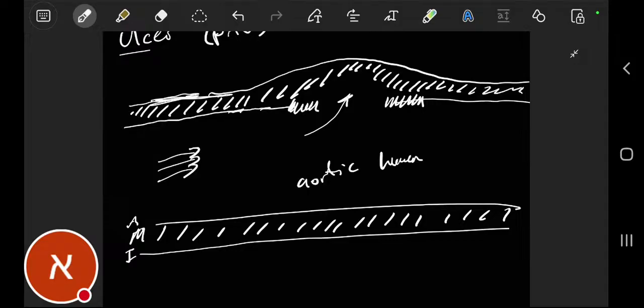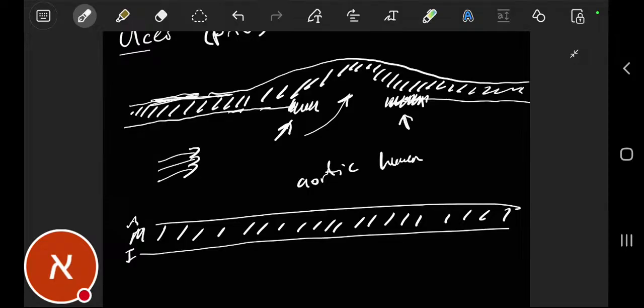Now, let's talk a little bit about the penetrating atherosclerotic ulcer pathogenesis. We have some atherosclerotic plaque. This is the plaque. It penetrates the intima. As you can see, it penetrates from the inner part of the aorta away from the intima, beyond the intima.